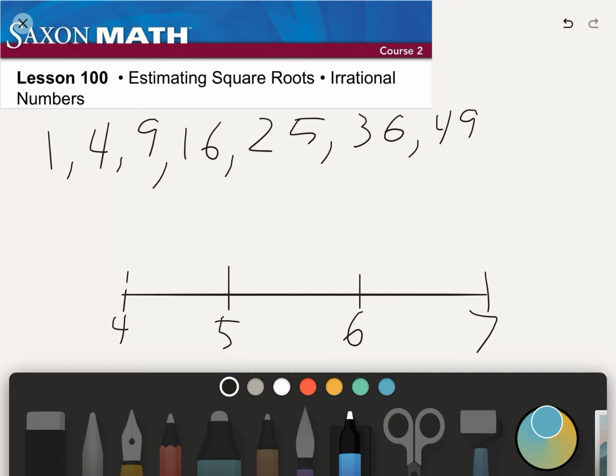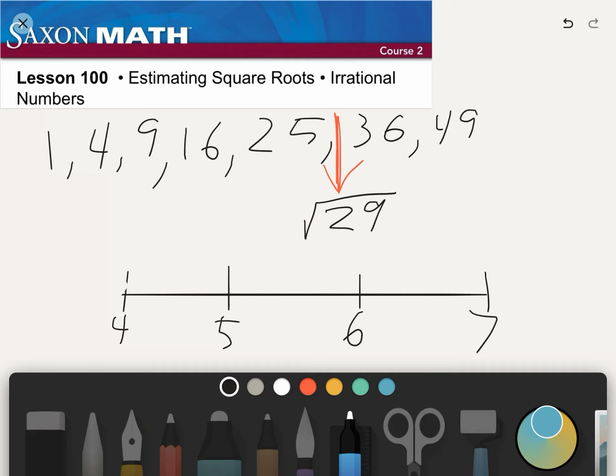But what happens if we need to figure out the square root of something that's in between a couple of these? Such as, what do we do with the square root of 29? Well, it's all about guesstimating, which is like estimating, except you're guessing a lot more. And then just seeing if you're right.